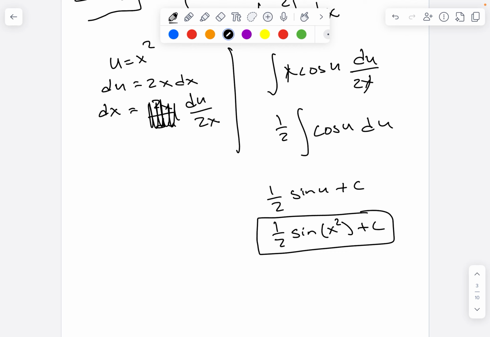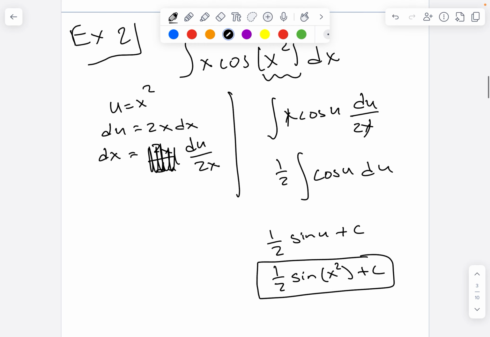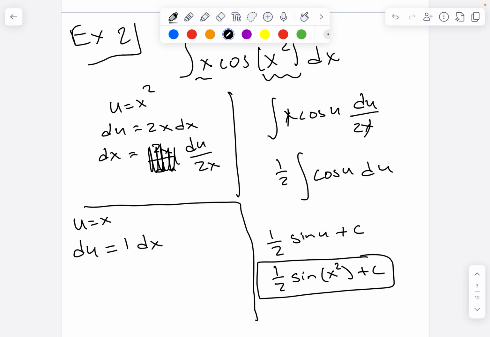So notice how we solved that where our u is our x squared. I'm going to try it now where our u is just x. So if we chose u to be x, then our du is just going to be 1 dx, and our dx is just going to be our du.